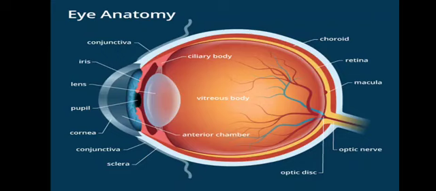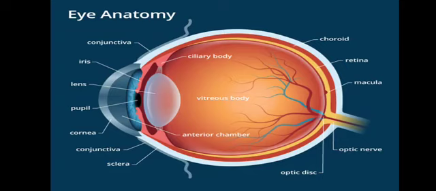Now coming to the iris, it is a thin colored curtain-like structure of the eyeball located in front of the lens. It will constrict and relax during the sympathetic and parasympathetic reflexes.